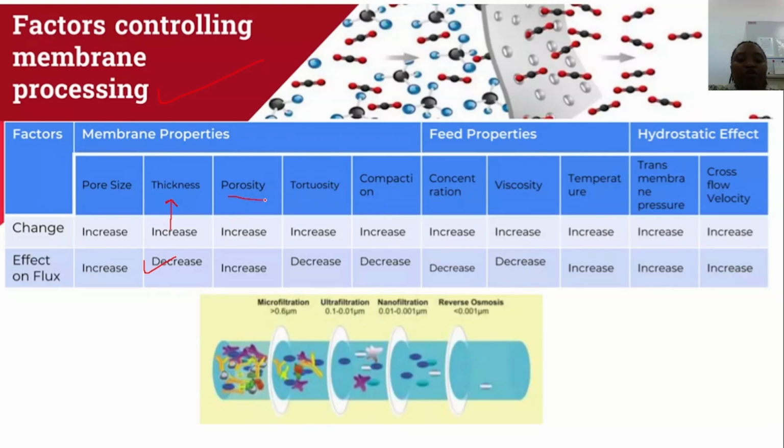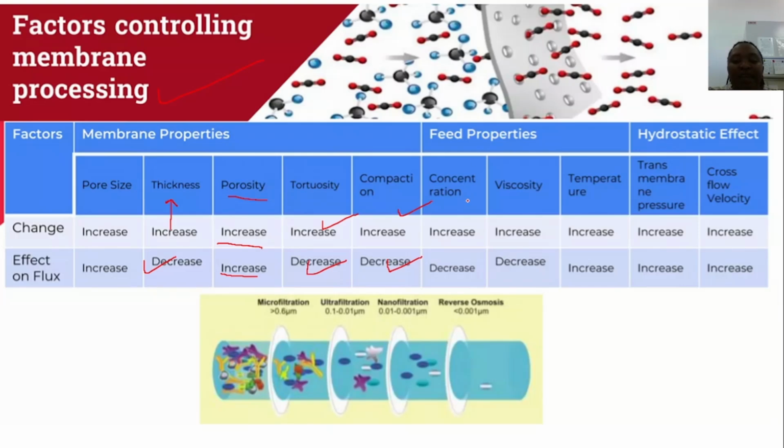If you increase porosity, the amount of pores, you also increase the flux. If you change the tortuosity of the membrane, if it becomes more tough, you decrease the flux. If you increase the compaction of your membrane, that essentially reduces the pore size, then you decrease the flux.